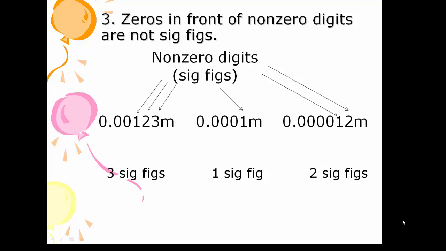So in the first example, I would just count the 1, 2, and 3 as Sig Figs. So there are 3 Sig Figs. In the second example, all those zeros in front of the 1 are not Sig Figs, so we're not going to count them. So the only Sig Fig is the number 1. So there is 1 Sig Fig. In the last example, all the zeros in the front are not Sig Figs. The 1 and the 2 are non-zero numbers, so they are Sig Figs.